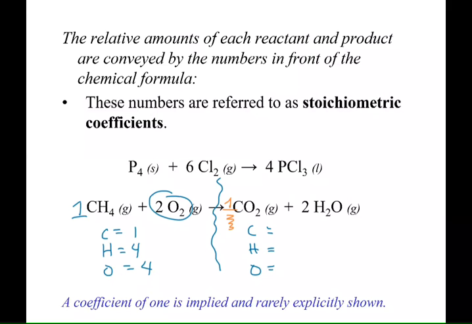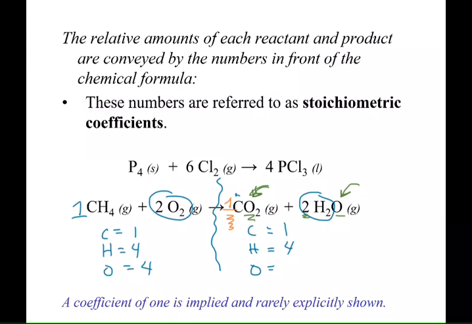Let's do a little tally over here. How many carbons do we have? Just 1. How many hydrogens? 2 times 2, or 4 hydrogens. When it comes to the oxygens, you have to recognize that there are 2 oxygens here, and 2 oxygens here.